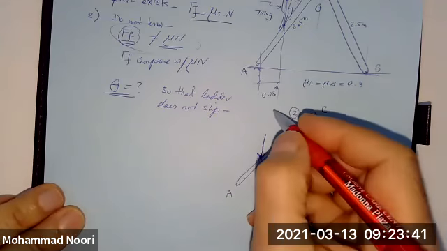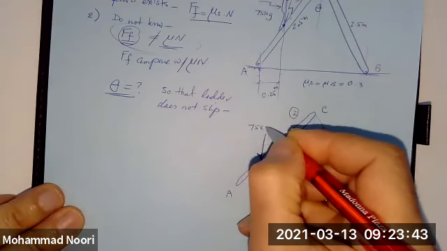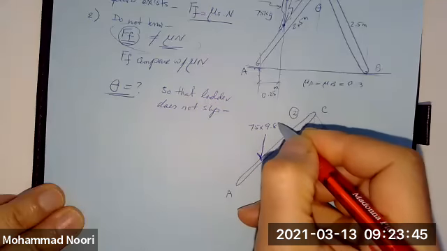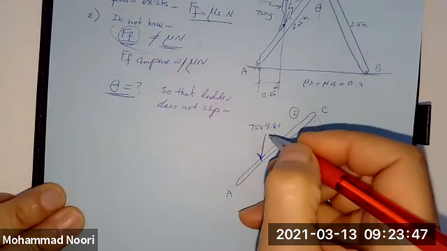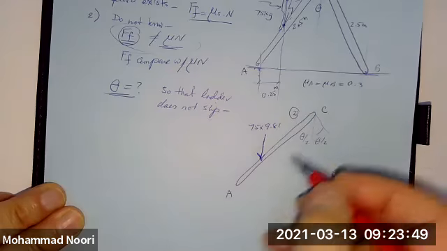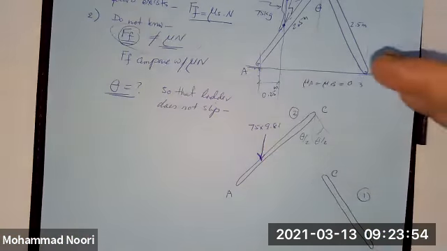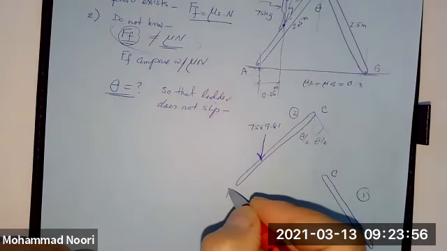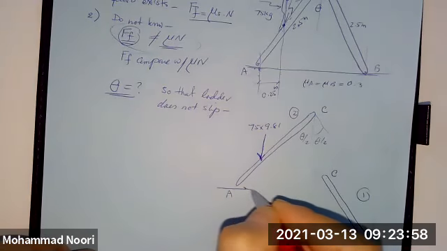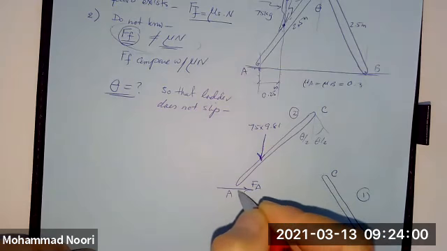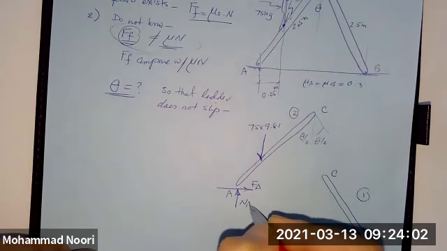So this is the weight of the guy, which is 75 times g, which is 9.81. If this ladder is going to slip, it is going to slip this way, meaning motion would be this way. Therefore, the friction force at A would be this way, and this is the normal force.